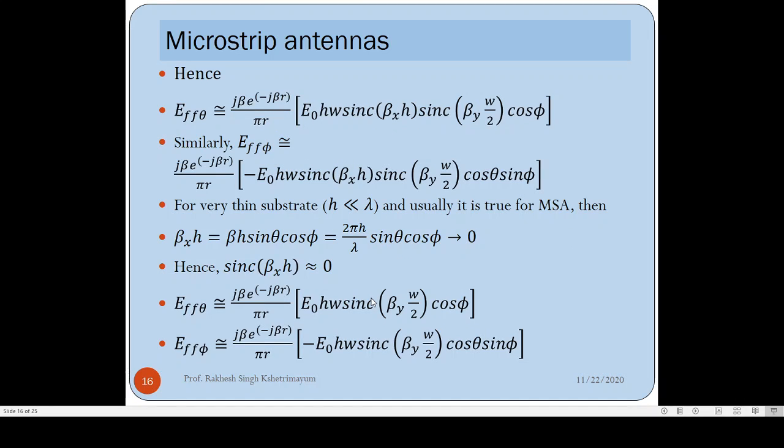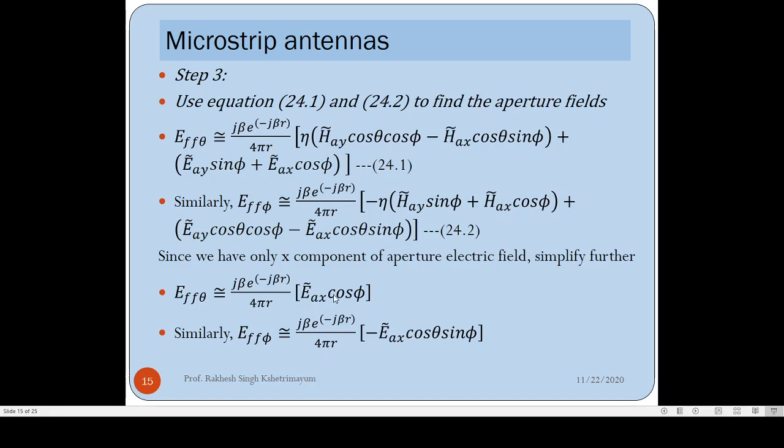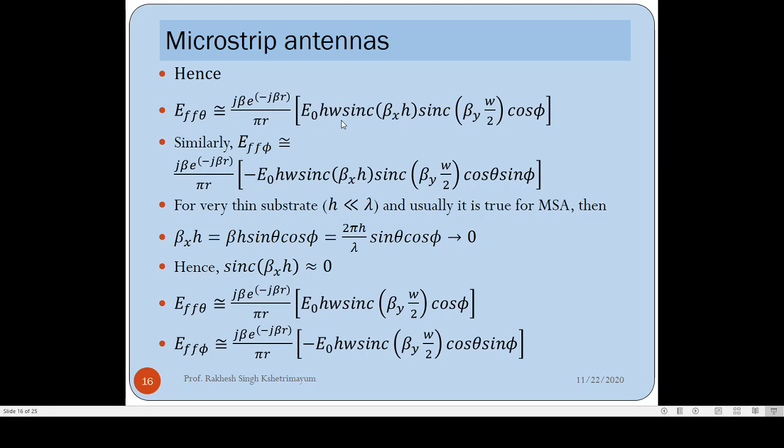You can plug in the 2D Fourier transform. See here, tilde means a 2D Fourier transform of the x component of the electric field. They are two sinc functions. So you can find out the electric field in the far field of the microstrip antenna. Theta component is this, phi component is this.